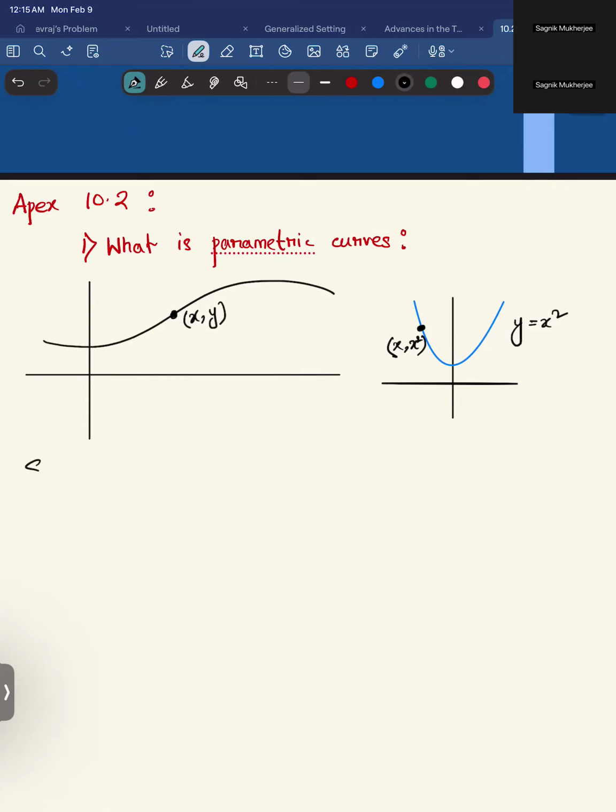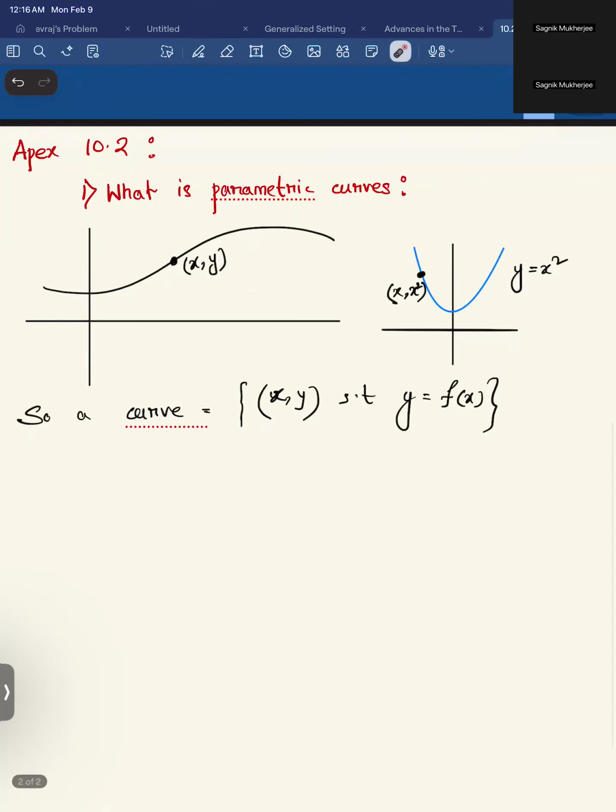So a curve is a collection of points (x, y) such that y has some sort of relation with x, right? For example, in this situation, the y coordinate is nothing but the square of the x coordinate, right?